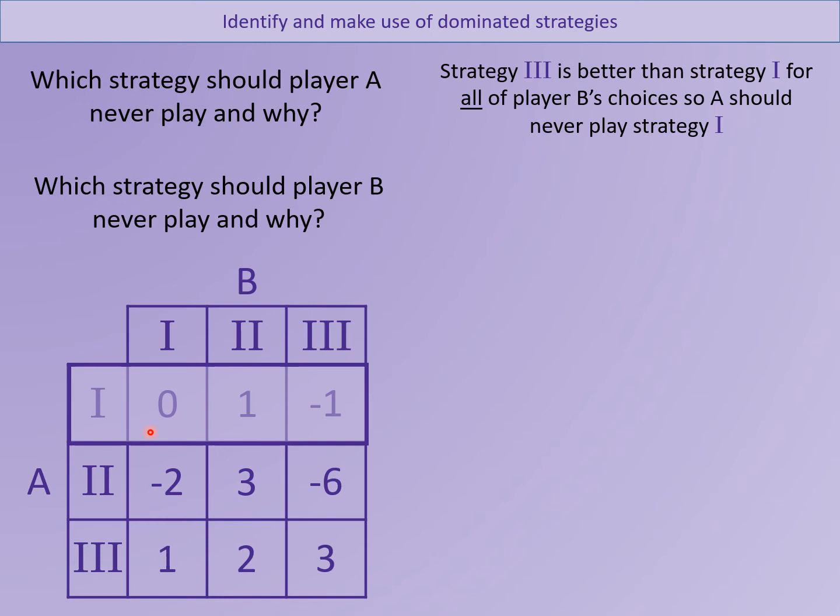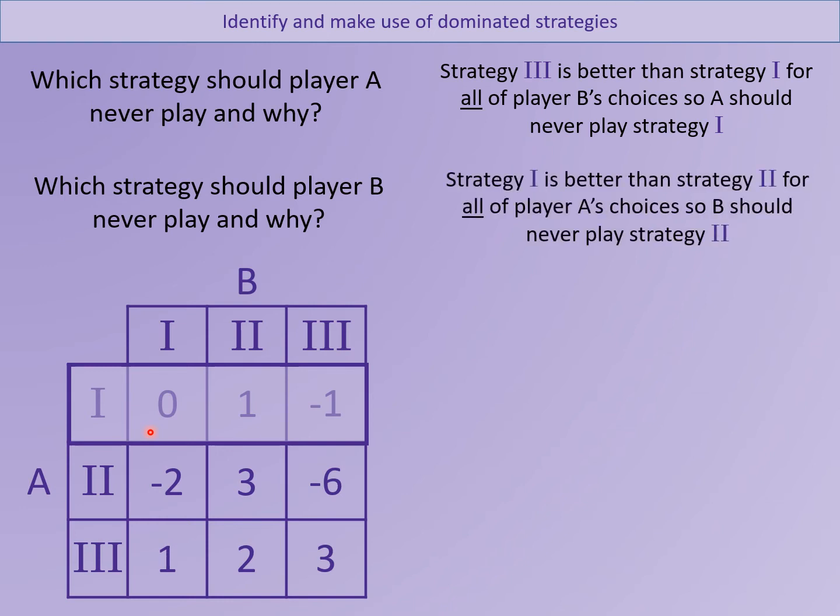Similarly, for player B, remembering that the numbers in the table are losses for B, we can see that strategy 1 will always be better than strategy 2, regardless of what A chooses. So we can see here, for example, if A were to choose option 1, then B will either win nothing or lose 1. Obviously, nothing is better.